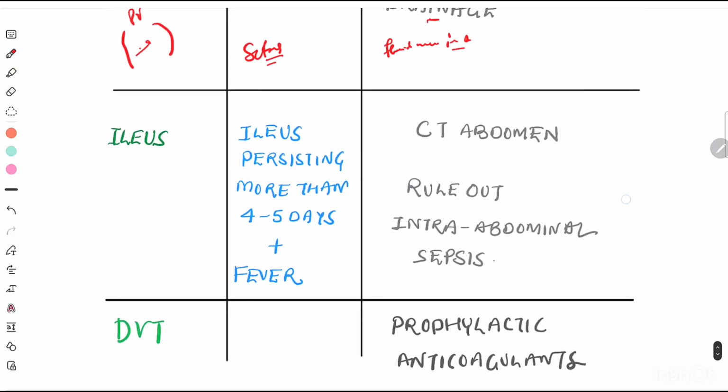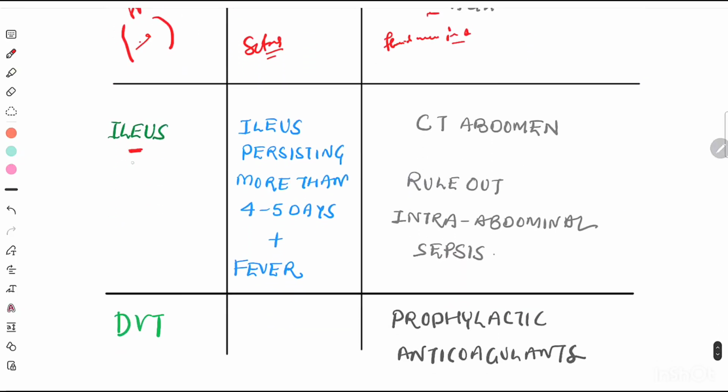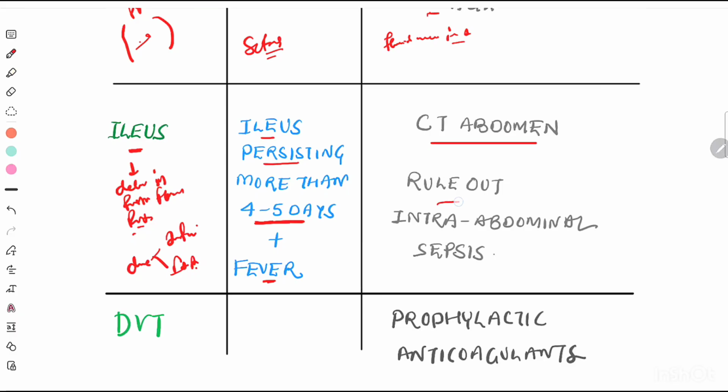And there can be ileus if there is delay in passing flatus post-operatively. So ileus persisting more than 4 to 5 days with fever. The ileus will prolong due to infection or intra-abdominal abscess. So we have to do a CT abdomen here to rule out intra-abdominal sepsis.